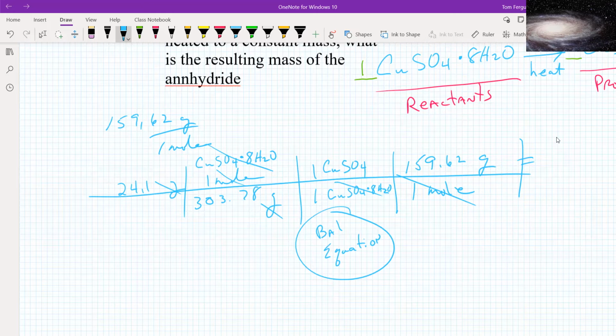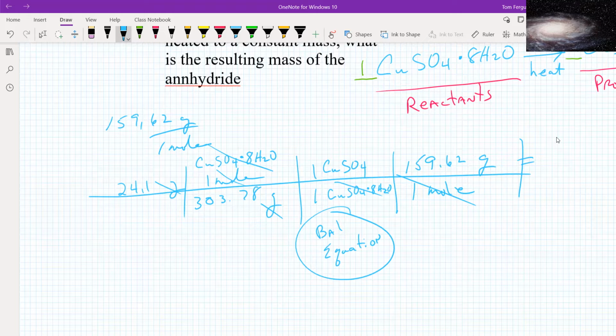So we're going gram to gram through a balanced chemical equation. The middle step could be something slightly different; I'm going to reword this problem in a minute.